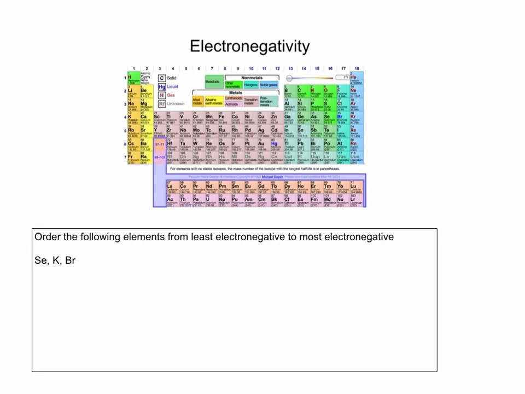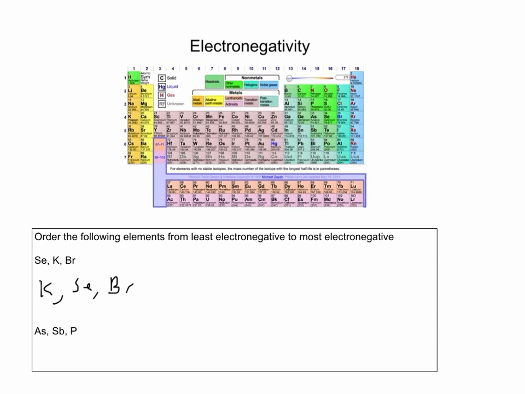Well, electronegativity increases going left to right. So the one that is going to be the least electronegative is going to be farthest to the left. So the correct order for these will be potassium will be the least electronegative, followed by selenium, followed by bromine.